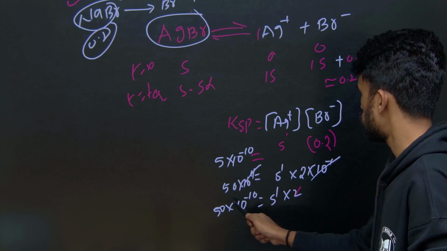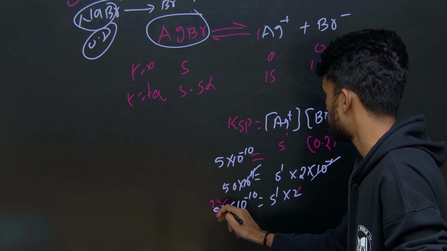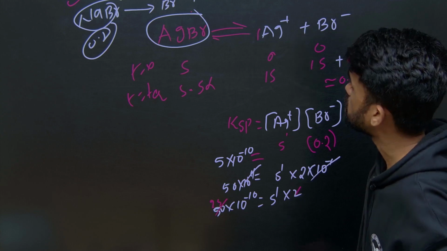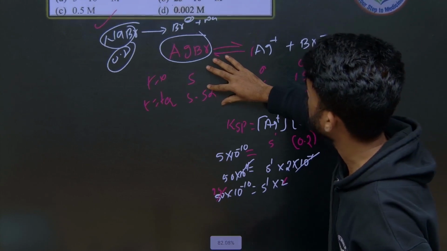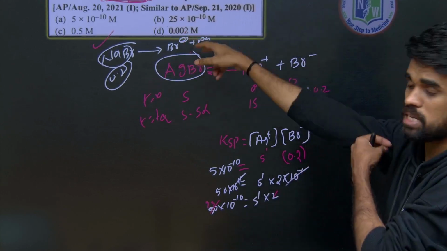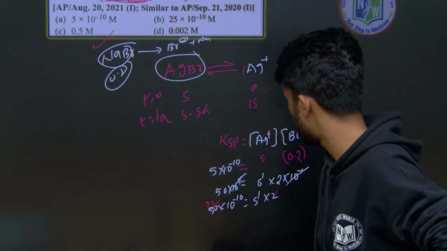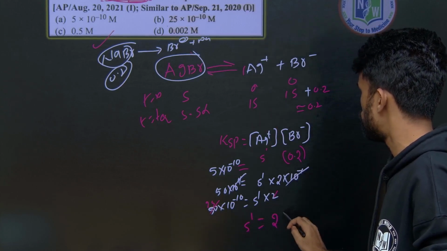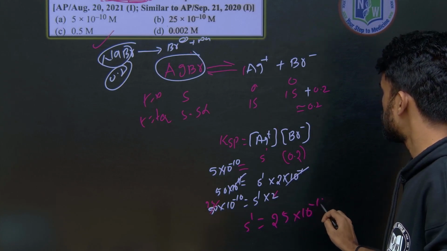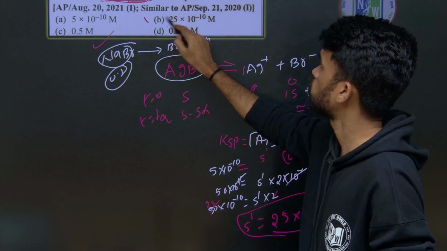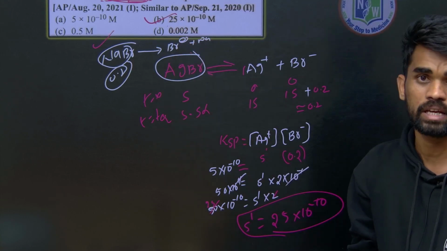So now this 2 and this 50 becomes 25. Just give me a minute, let me check. Yeah, is there any option? Yeah, so we have option number 2. So what is the value here? S dash solubility is 25 into 10 power minus 10. So this is our option number 2. I hope this is also clear without any confusion.